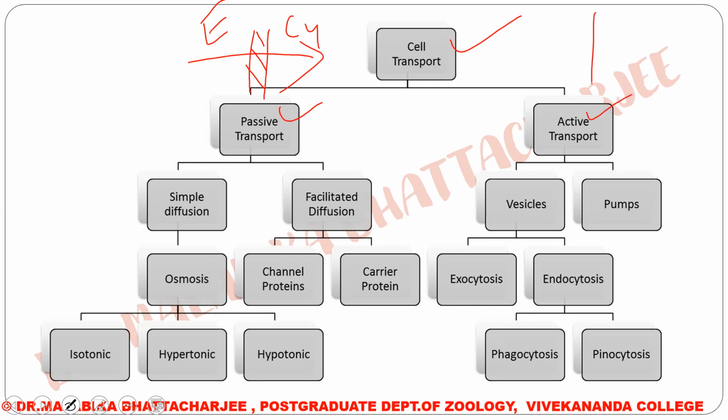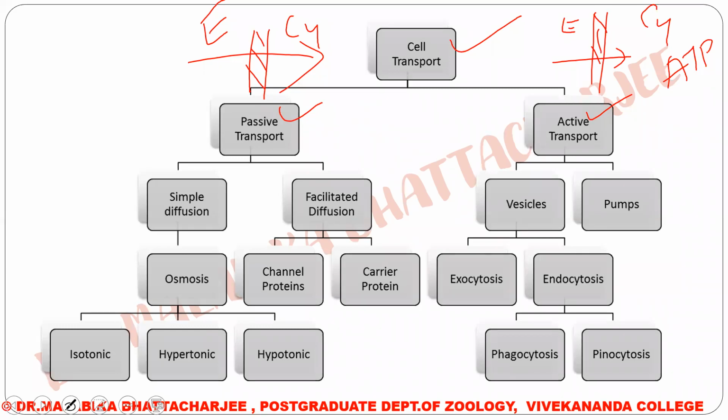The moment we are talking about active transport, some sort of energy is required. So this is the cytoplasm, this is the exterior. Here also the molecules are traveling inward, but this is an ATP dependent process. As you can assume, the molecules are usually in most cases moving from a region of lower concentration to a region of high concentration.